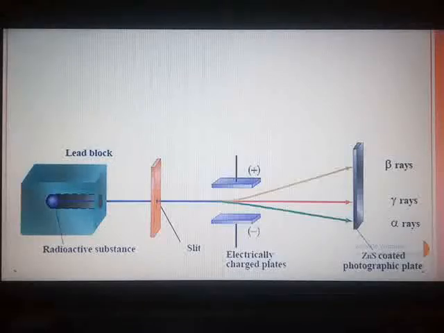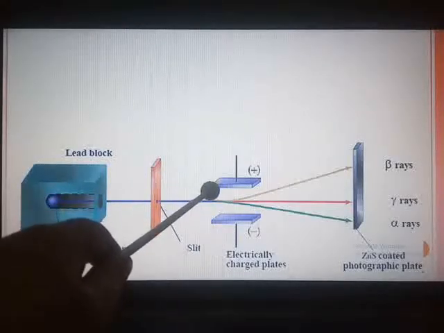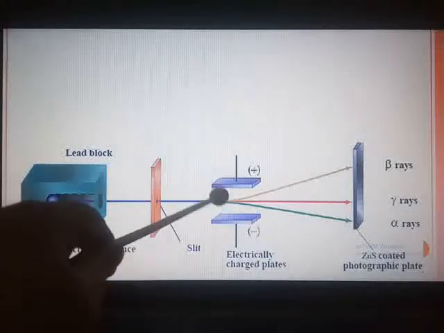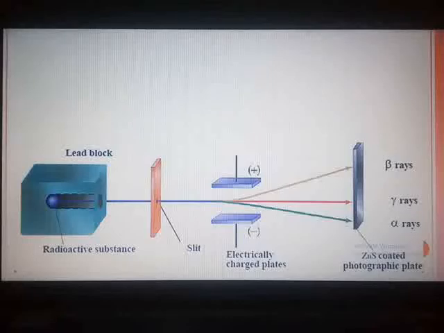So when these rays are allowed to pass through two oppositely charged plates, they get separated. You can see here two differently charged plates. One is positively charged and one is negatively charged. So they are seen to get separated. This method was introduced by Rutherford in the year 1902.